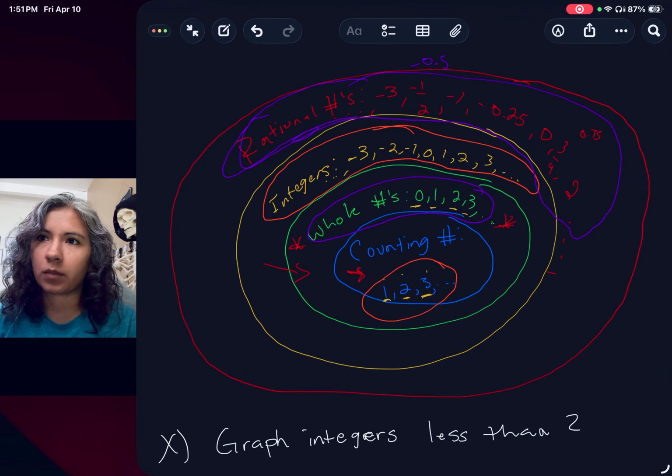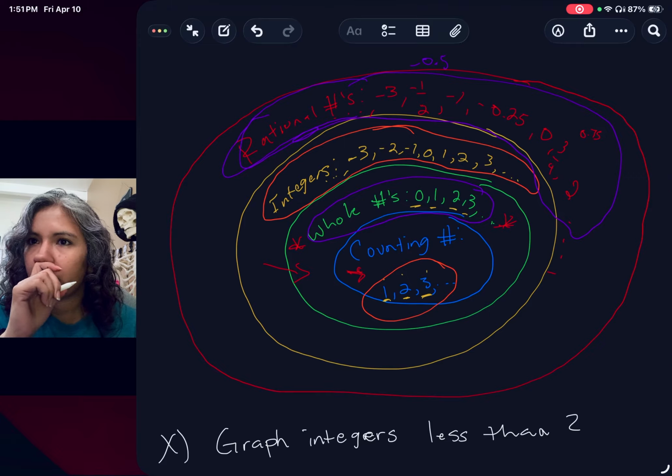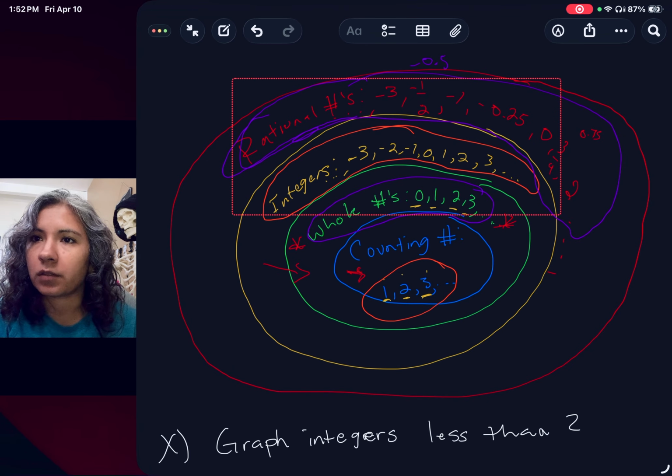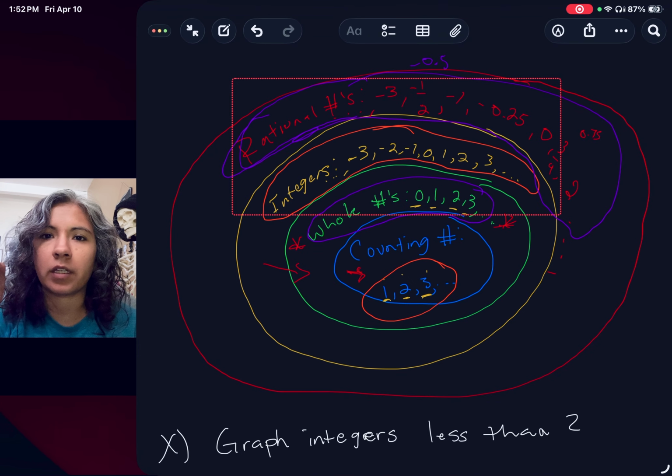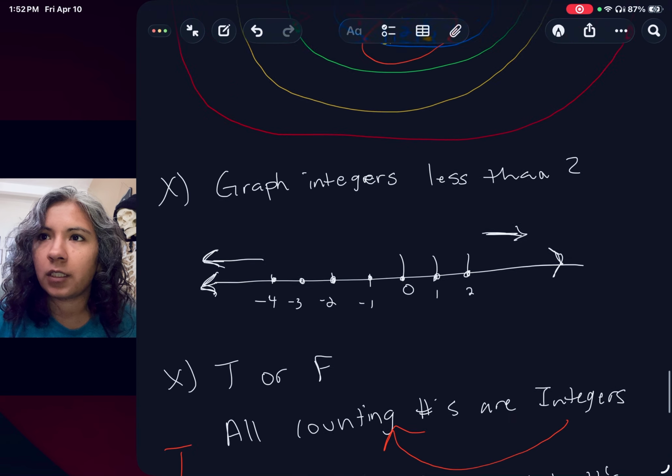It's not a counting number, right? So all of these on the outside include those numbers on the inside, but the ones on the inside can't always be every number that's outside of it. So this is going to be false.